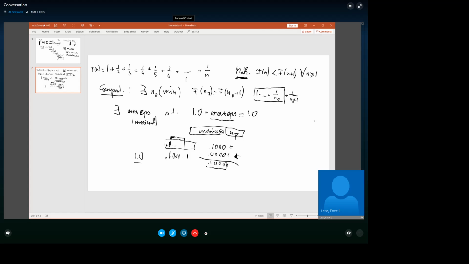It's scaled because this sort of assumes the role of the 1.0. So this is obviously bigger than 1.0, and so this is also going to be bigger.